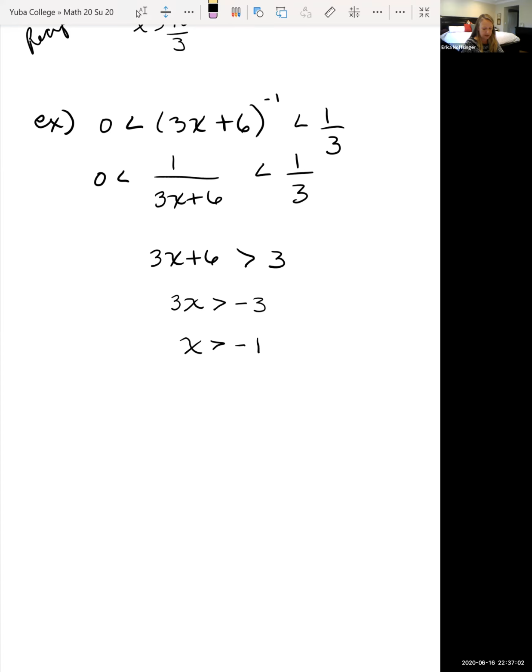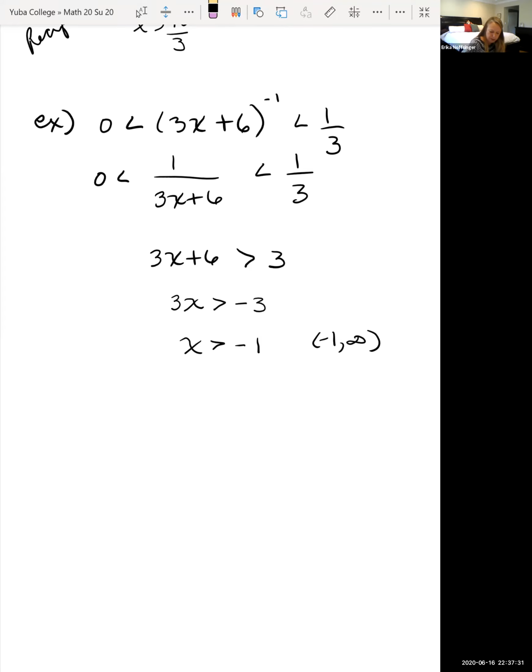That's okay because of my inequality sign. I just wanted to make sure things looked okay. In inequality notation, we're going from negative 1 to infinity, with parentheses around both.